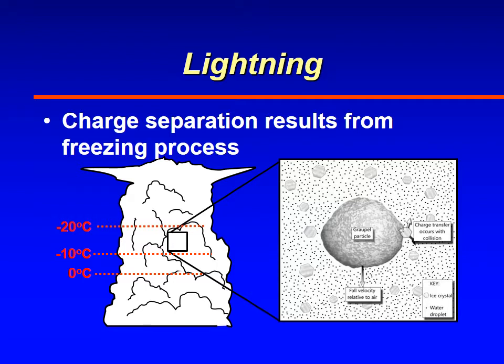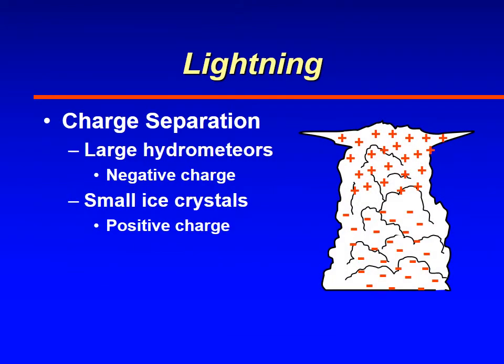So because of this freezing process, the thermoelectric effect that occurs, the charge separation, the bigger particles get the negative charge and the smaller little ice crystals float up to the top of the cloud and take the positive charge. So the big ones get the negative, and the smaller ones get the positive. Smaller ones go to the top of the cloud, bigger ones go to the bottom.